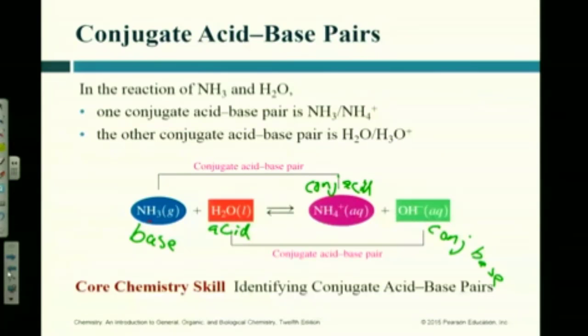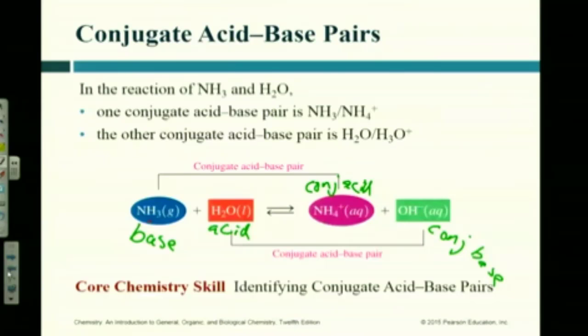So how did you determine on the left side what was acid and what was base? Really what you have to do is look at both sides to determine that. This one differs from this one by one hydrogen ion. Well, how did it get from here to here? It accepted a proton, didn't it? Proton acceptors are bases.